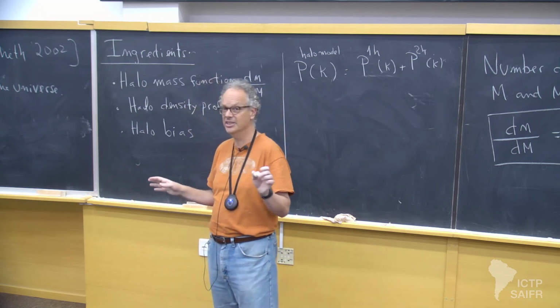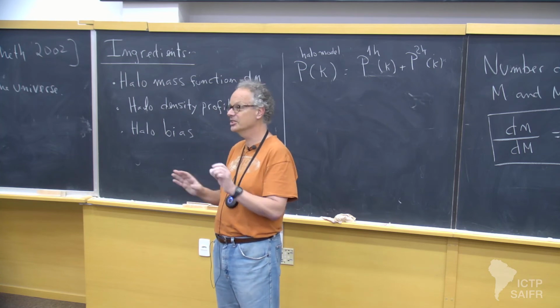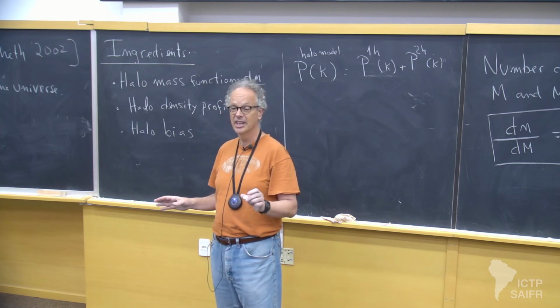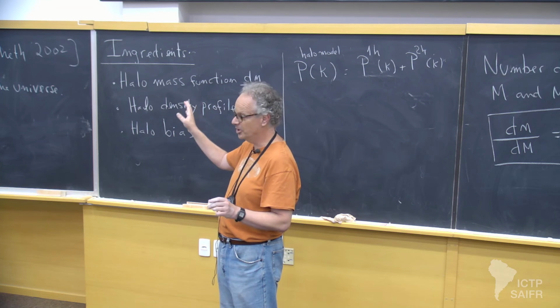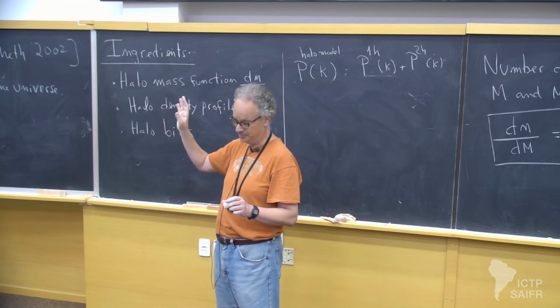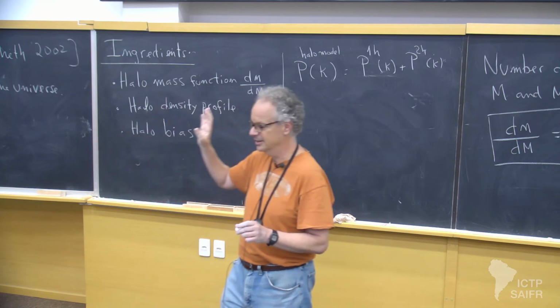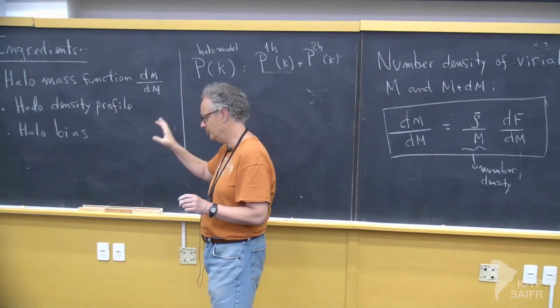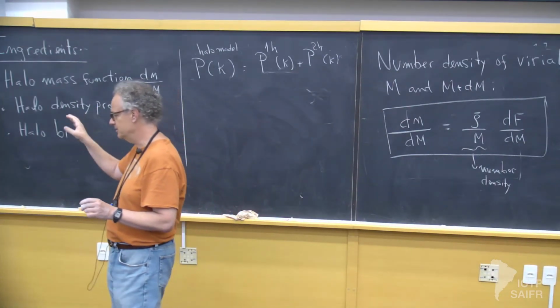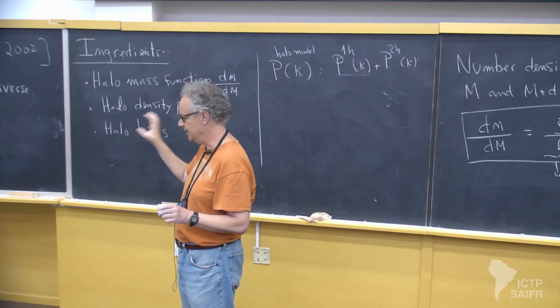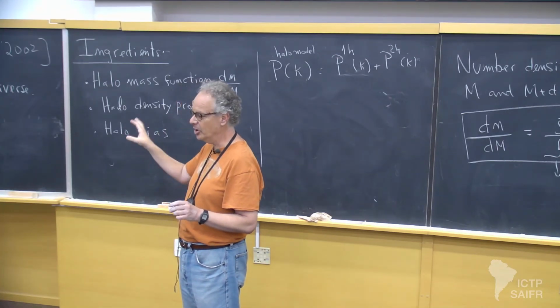Simulations involving baryons are really hard, really costly, and people try to use halo models to describe, at least not in detail, but describe the effects of baryons at nonlinear scales. So the halo model is one important tool.